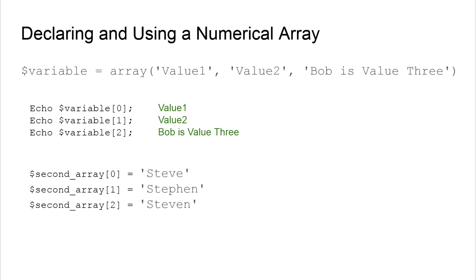If you use a higher number, for instance, if I did second array square bracket 7, close square bracket, equals Stephanie, then 3, 4, 5, and 6 would all be blank. As far as I'm aware, PHP handles a lot of things where you don't need to worry about going out of bounds as you're declaring things.